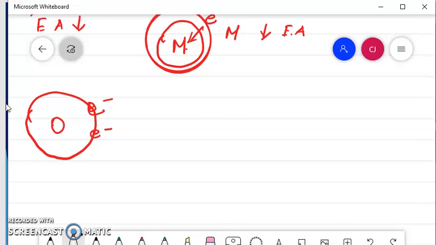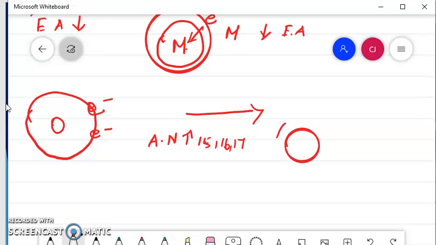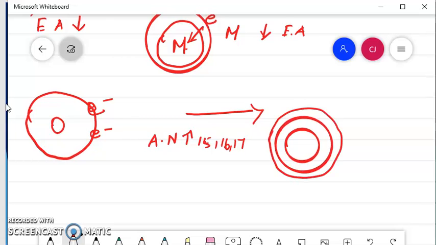This valence shell electron count increases from left to right across the period. See here, the atomic number increases: 15, 16, 17. This is the way the atomic number increases, as in how you draw the atomic structure. The valence shell electrons will increase, correct?